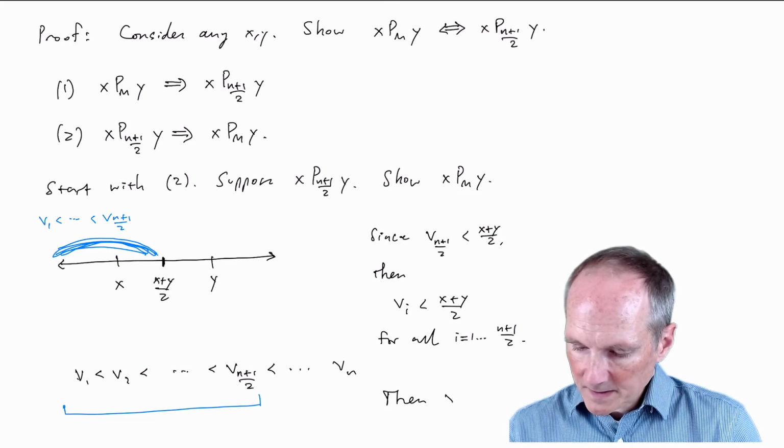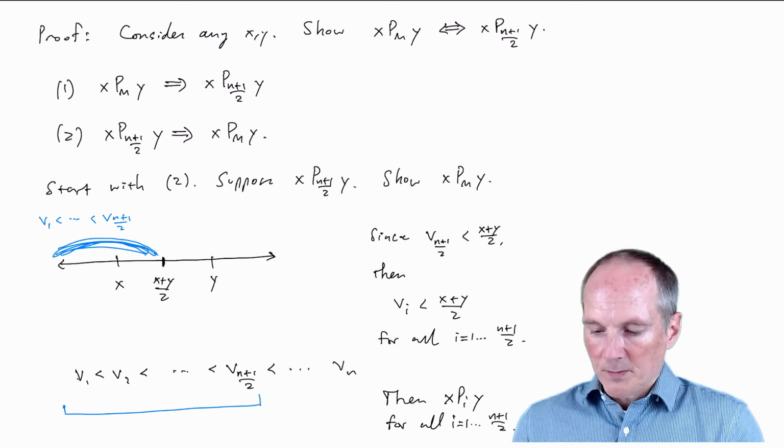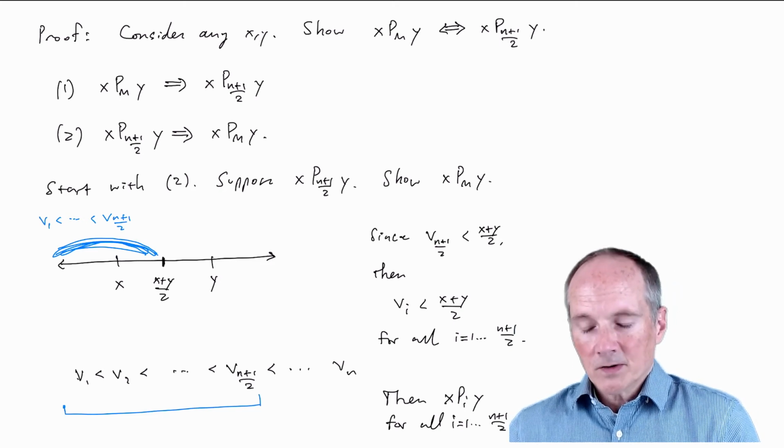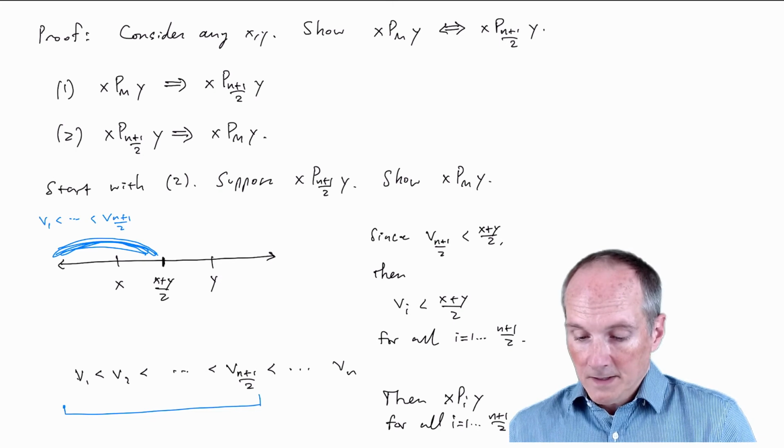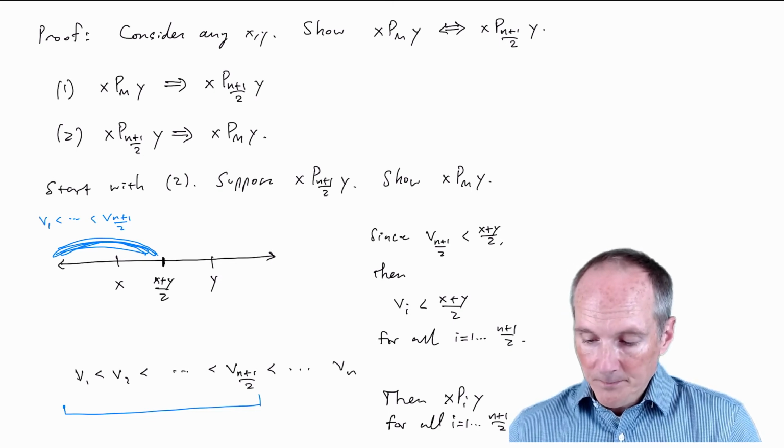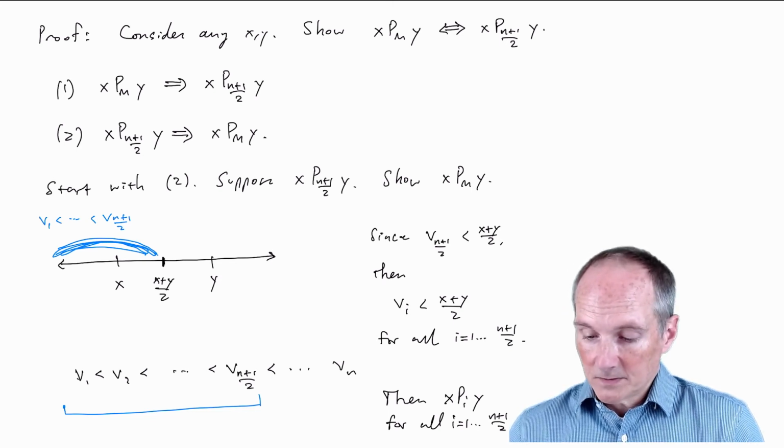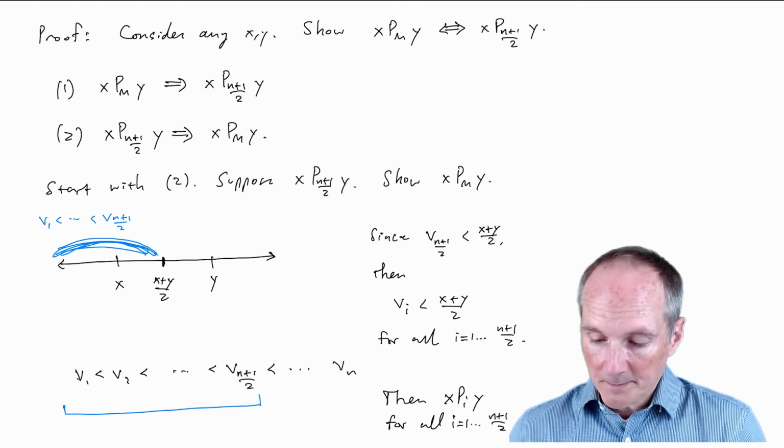So all of these guys prefer X to Y. But now that means there's a majority of voters who prefer X to Y, and therefore X will be strictly majority preferred to Y.